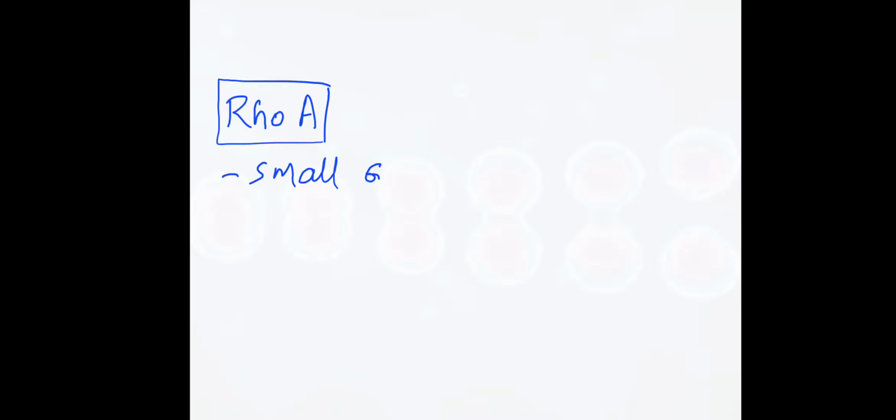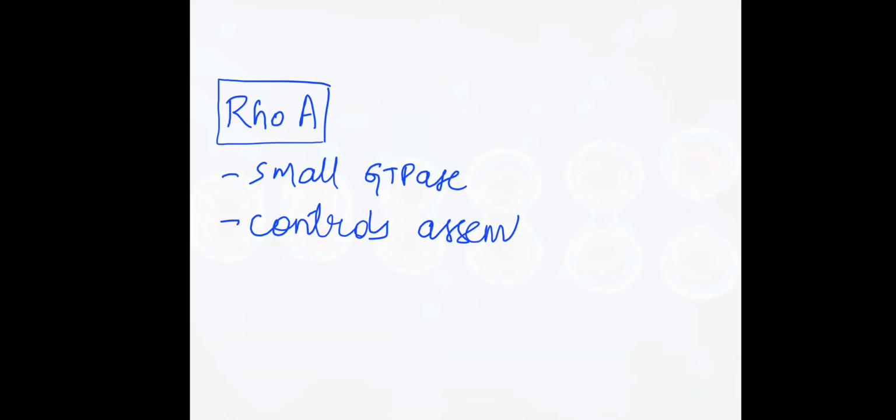And another important factor is RhoA. RhoA is a small GTPase of the RAS superfamily. This controls assembly and functioning of the contractile ring at the site of the cleavage.